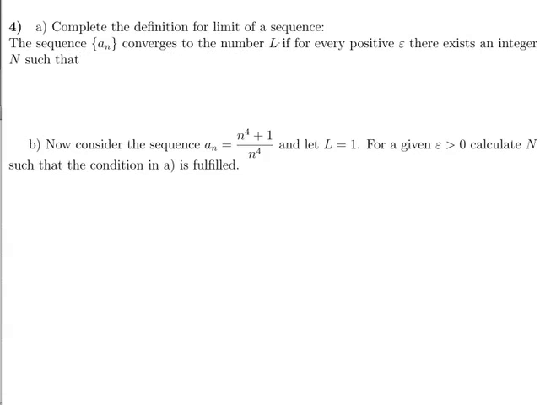The sequence converges to a number L if for every positive epsilon we have an integer big N, such that for all little n greater or equal than big N, we have that a_n is at most epsilon away from big L. If you choose smaller or equal or strictly larger here, that is also fine. These basically would give you equivalent definitions.